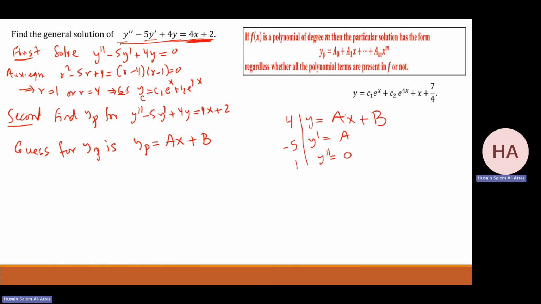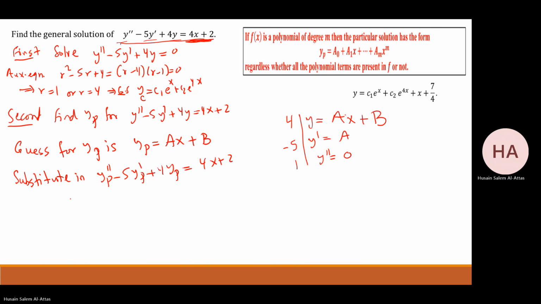Now substitute it here. I'm doing it in detail. yp double prime minus 5 yp prime plus 4 yp should be equal to 4x plus 2.